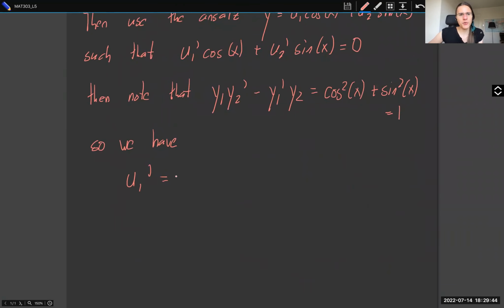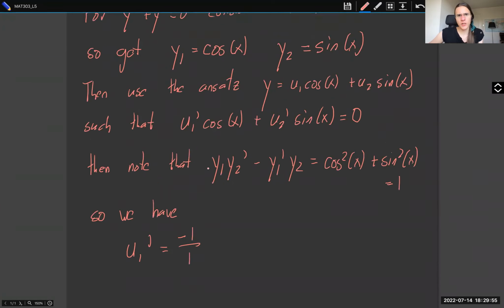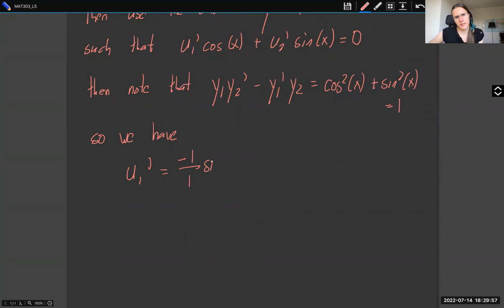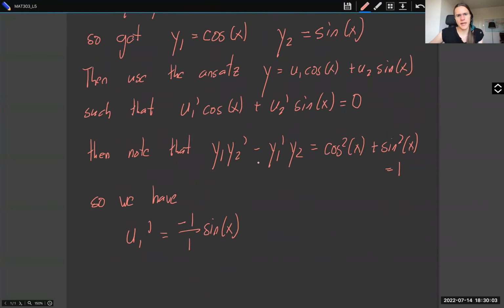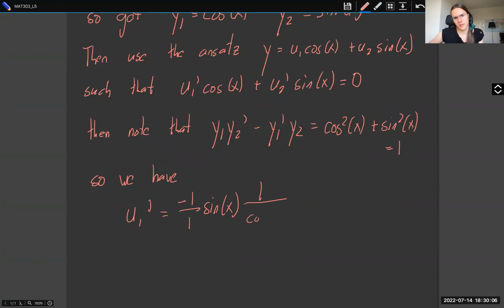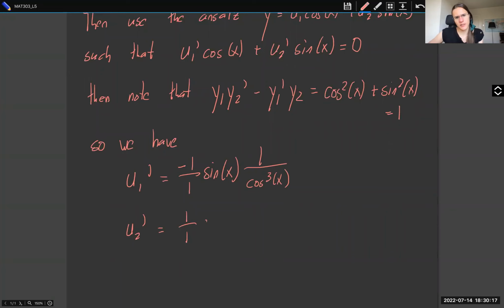So we have u1 prime is negative 1 over the Wronskian, which is 1, and then we have y2, which is sine x, times h, which is 1 over cosine cubed x. And u2 prime is equal to 1 over the Wronskian times y1, which is cos x, times 1 over cosine cubed x.